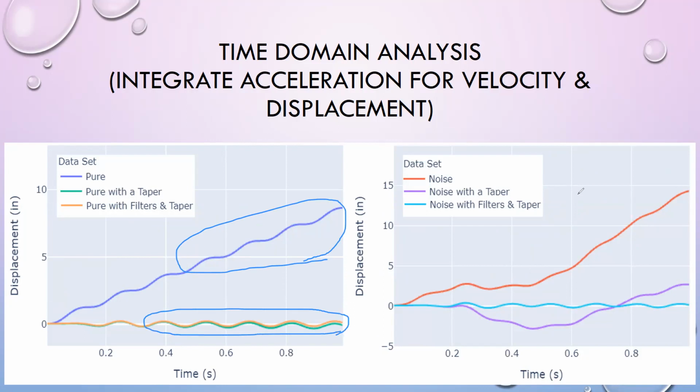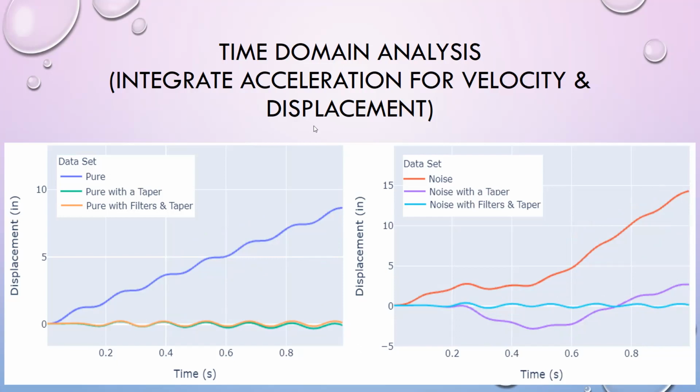Again, for the signal with noise, the red one is calculated without any modification, only by double integration from the acceleration. This is completely incorrect. For the purple one, we have used only the taper, and the results, especially in this period of time, are not correct. And finally, for the blue one, we are using the filter and taper, and the results are completely correct.